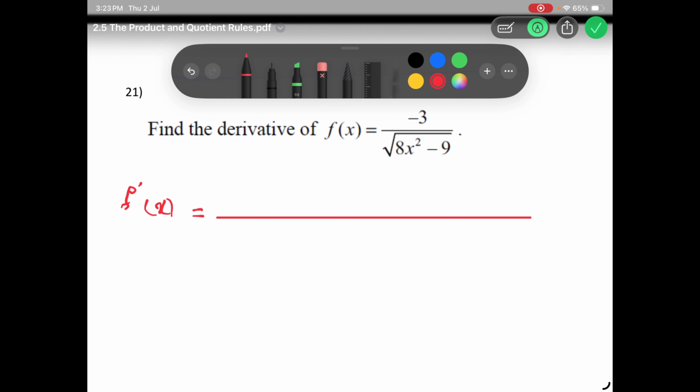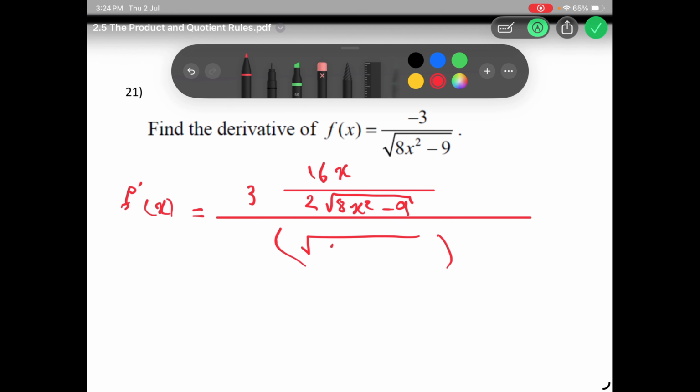We will change the sign, so it will be 3 times the derivative of the bottom, and the derivative of the bottom, a radical, will be 16x divided by 2 times the same radical of 8x squared minus 9, divided by the denominator squared, so (radical of 8x squared minus 9) to the power of 2. Or this is another solution which is also fine.